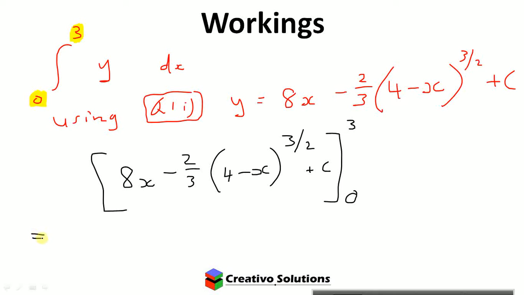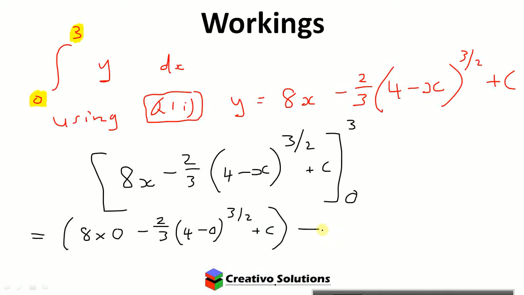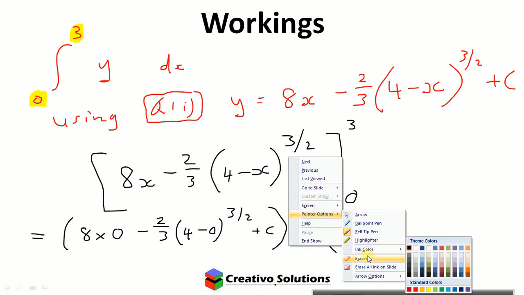So that will equal bracket 8 times 0 minus 2 over 3 bracket 4 minus 0 close bracket to the 3 over 2 plus c. There's the first bracket and then minus the second bracket. Be careful, I put in 0 for the first one, I should put that for the second one.